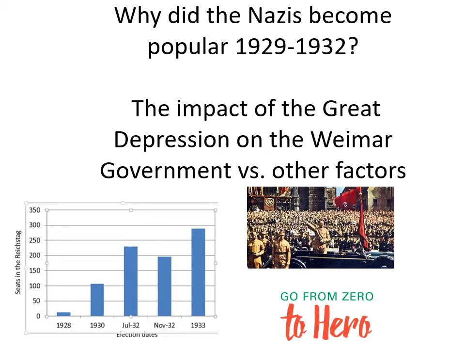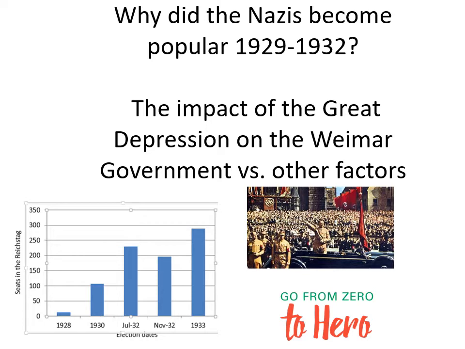If you see the graph in the bottom left-hand corner of this slide, you can see the seats in the Reichstag that the Nazis gained at each election. You can see in 1928 they have very little support. They get very few votes and therefore return very few MPs, or members of parliament, to the German Reichstag.